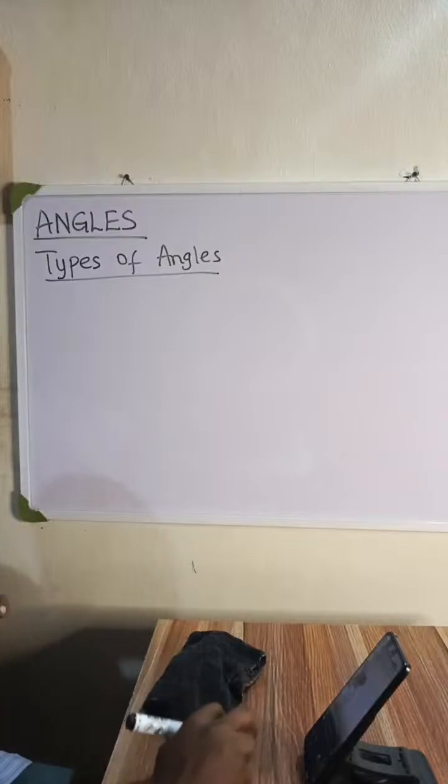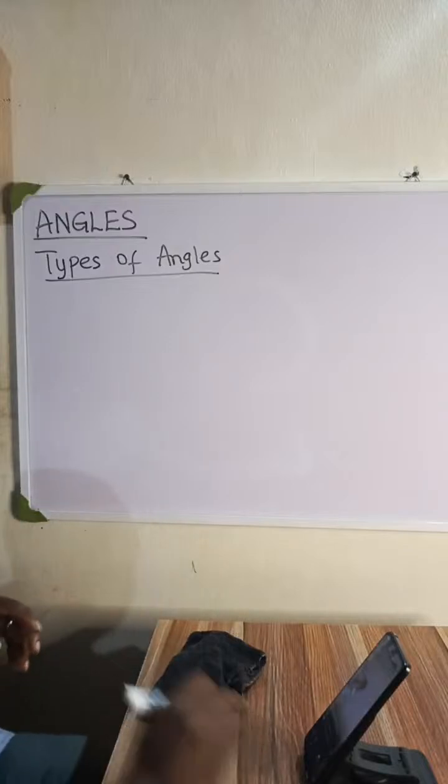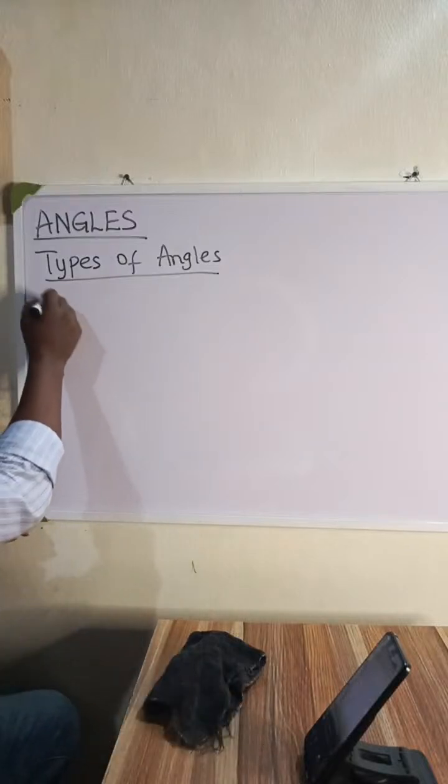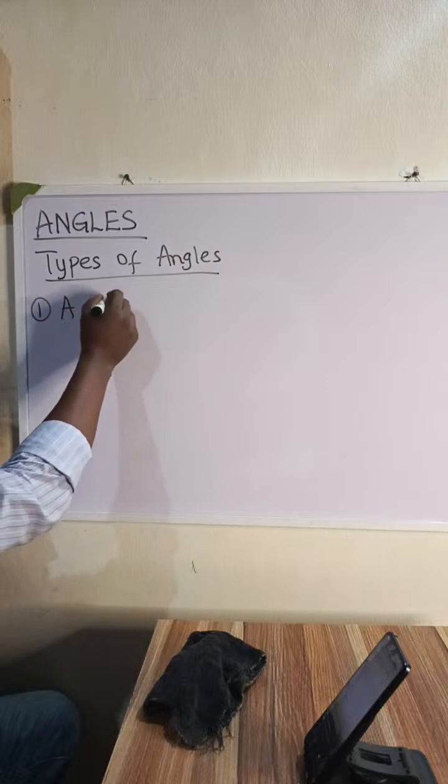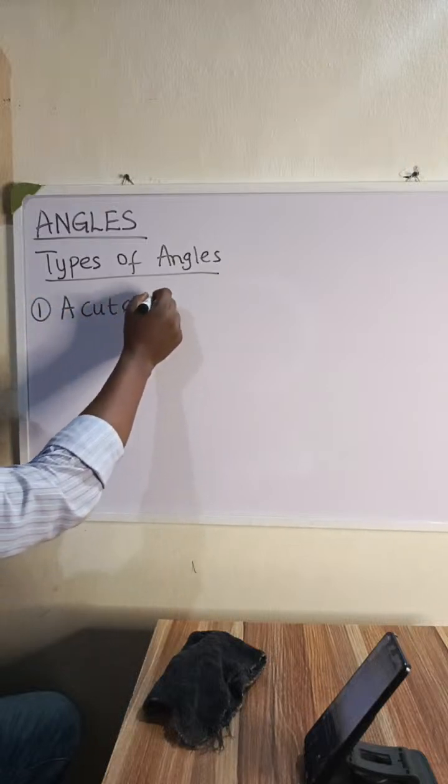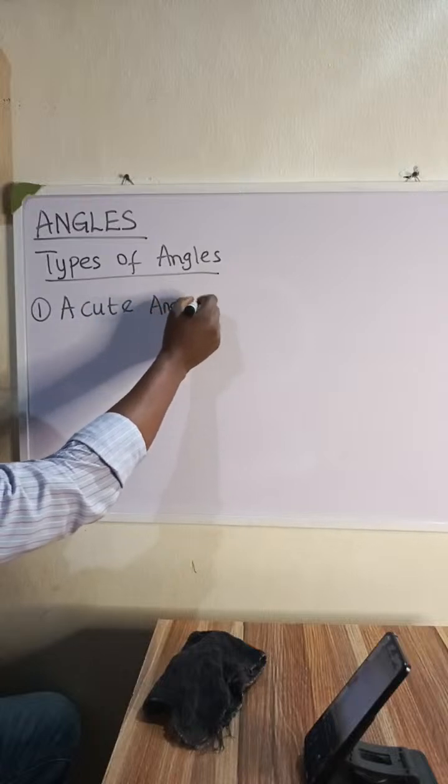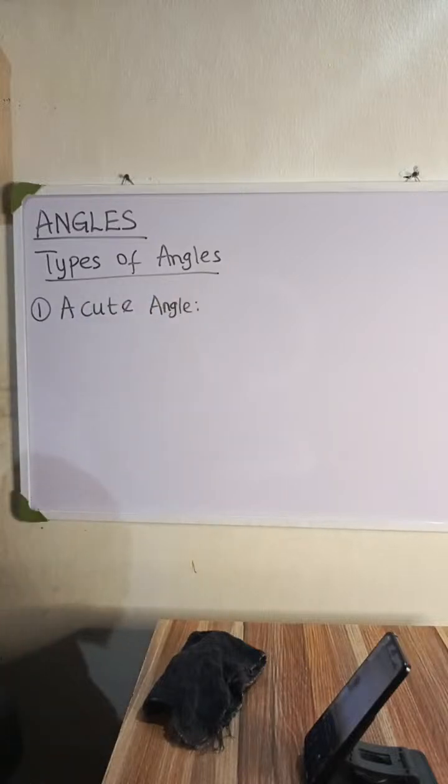So we have different types of angles. The first one we're going to look at is the acute angle.